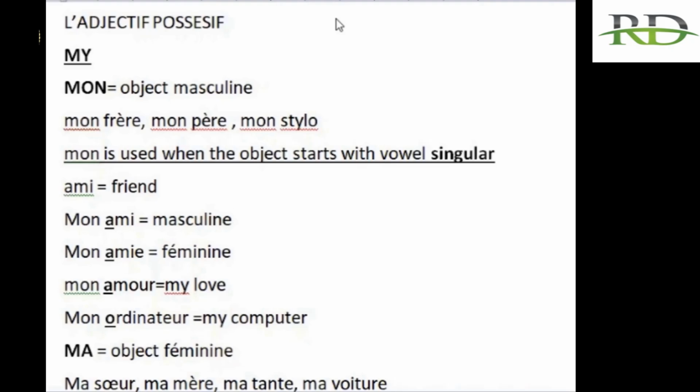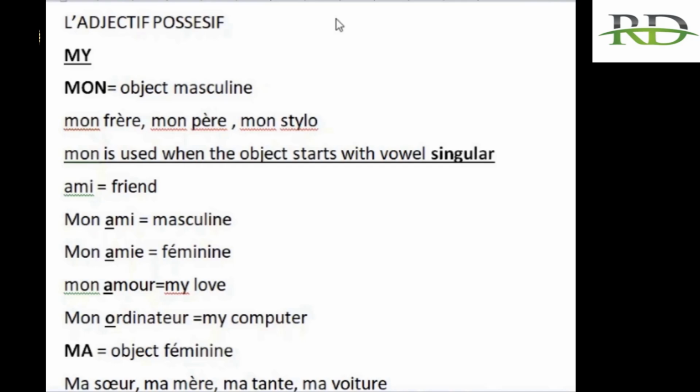Okay, so how do you say my in French? There are three ways of saying my in French. First of all, for masculine, you're going to say mon. Mon frère, that means my brother. In Urdu, you say mera bhai.